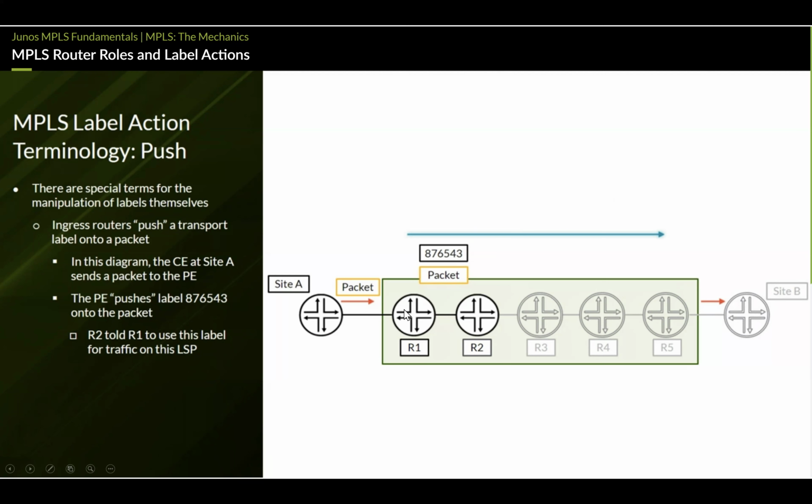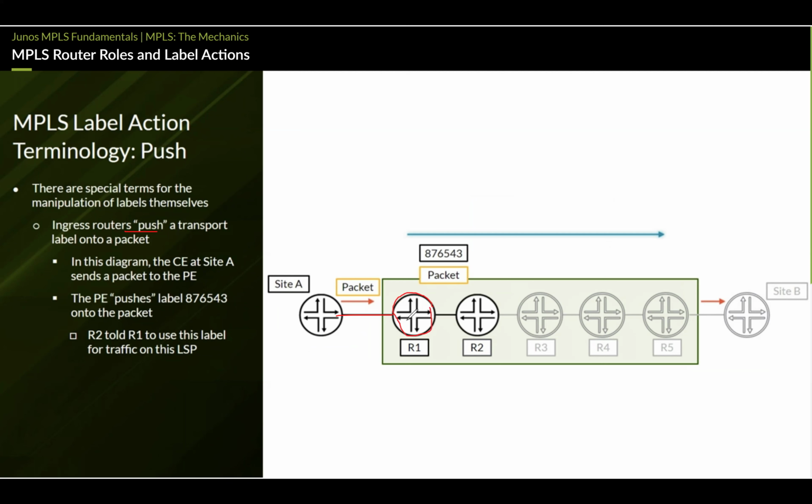Router 1 is the PE router, the provider's edge router. So it is receiving the packet, and inserting or pushing a label on that packet in router 1.